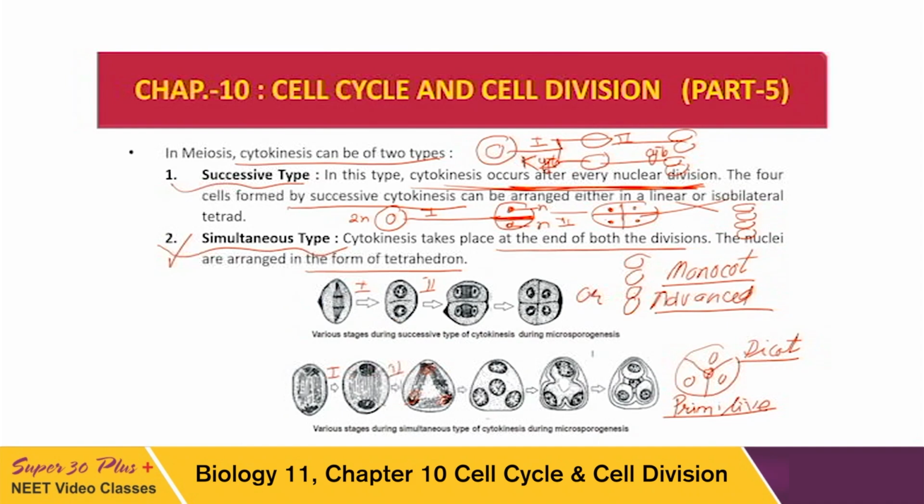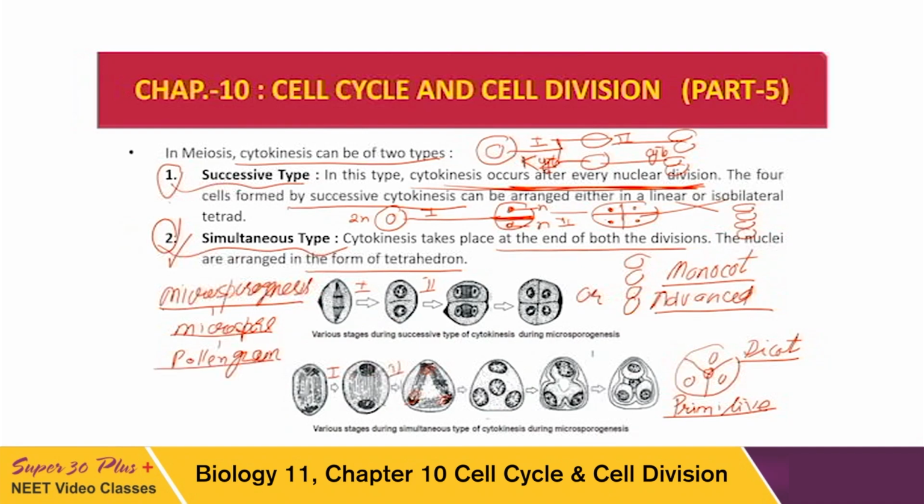Is it right? So you have to remember, in case of plants, cytokinesis may be successive type or simultaneous type. This is usually observed at the time of microsporogenesis. Microsporogenesis is the formation of microspores. Microspores in time to come will develop into pollen grains.